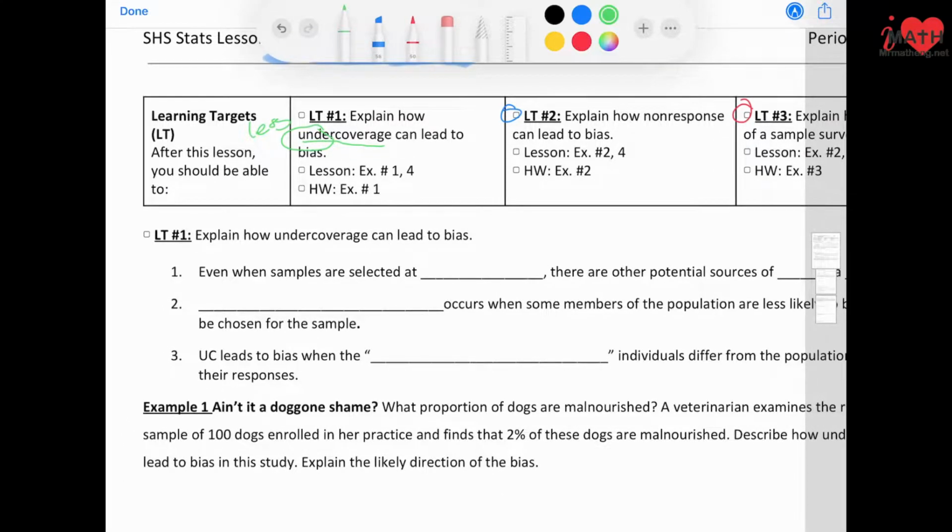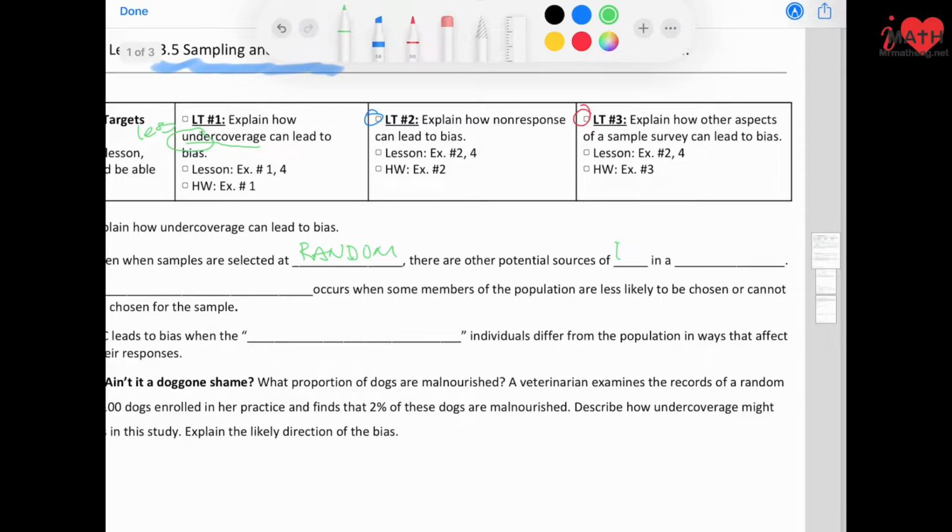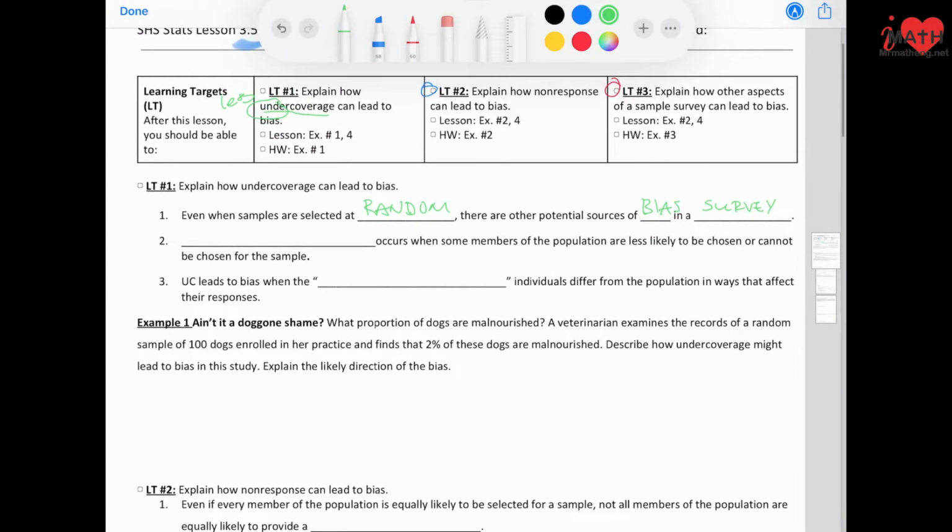All right. Learning target number 1. Even when samples are selected at random, there are potential sources of bias in a survey. Survey is where you get data. Bias is not an equal chance of picking something.